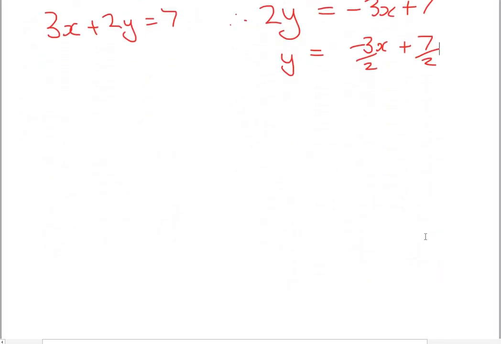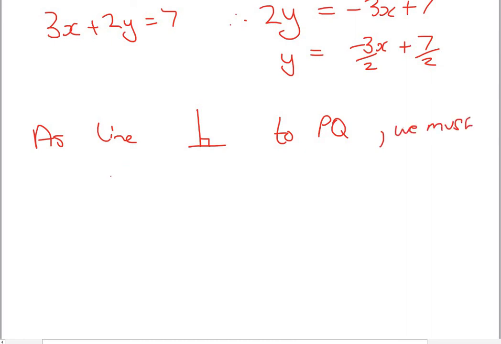Okay, because this line is perpendicular to PQ, and this is my little symbol for perpendicular to PQ, we must have that the gradients multiply to minus 1.